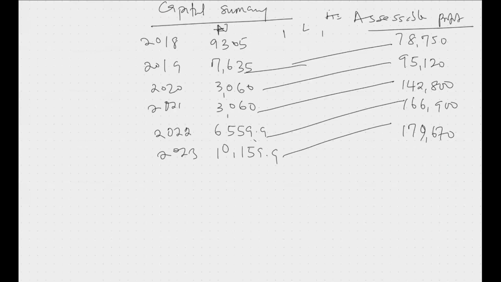Assessable profit for 2017, because I'm confused, because 2017 is not given, right? So the capital allowance that we're going to take now is the addition of the 2018 capital allowance and 2019. You know what I'm saying?